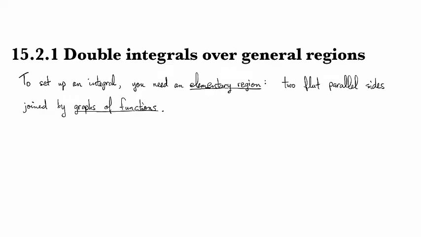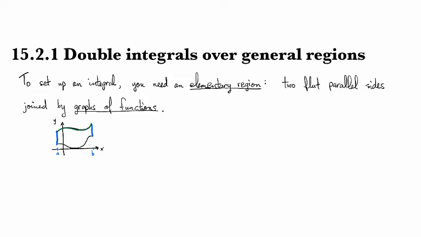So here's the kind of thing that I mean. Suppose we have a plane region that looks something like this. Okay, so I've got these flat parallel sides, here from A to B. And then I've got these graphs of functions.